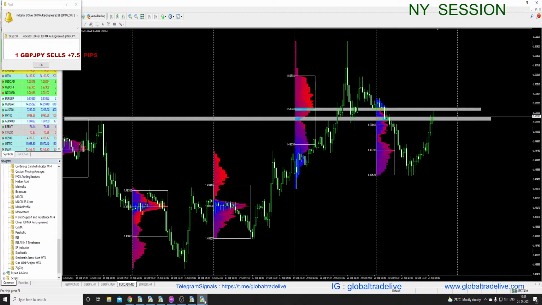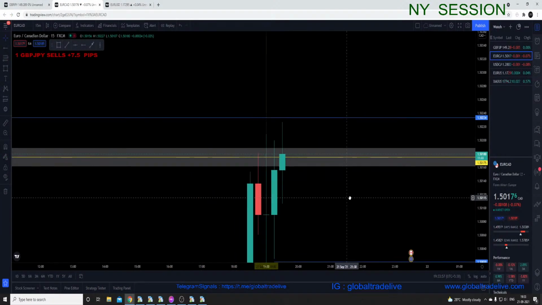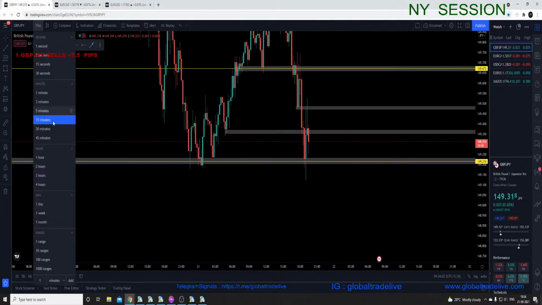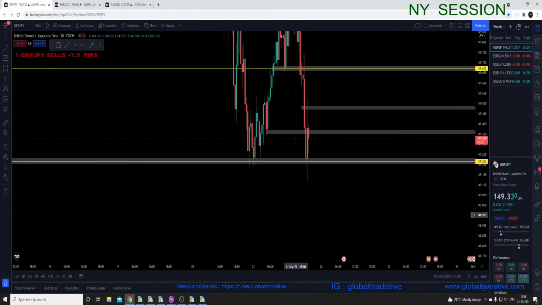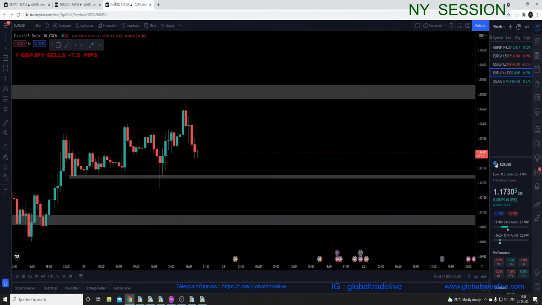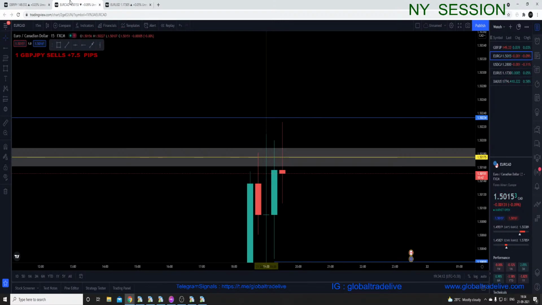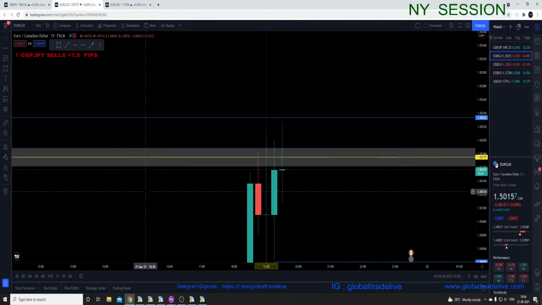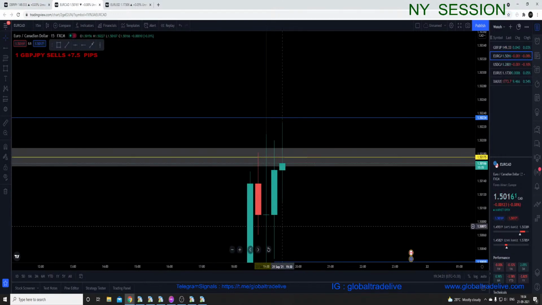Let's have a look at, yeah, there is a problem. Your EuroCAD is facing a problem at this point, because to continue moving down it has to create a bearish candle. There is no volume in Euro USD. This is a really delicate situation right now.